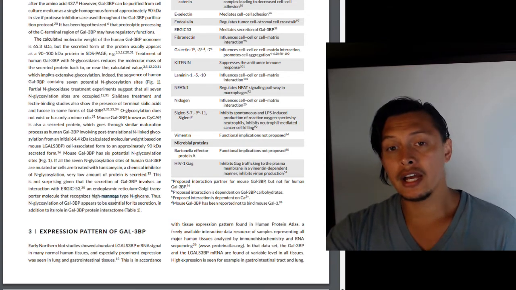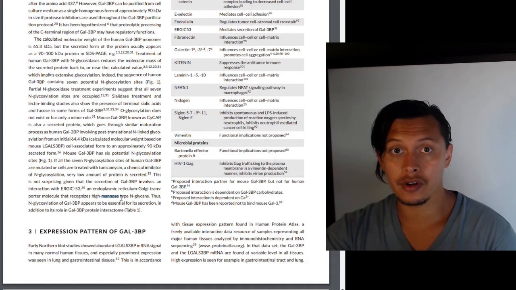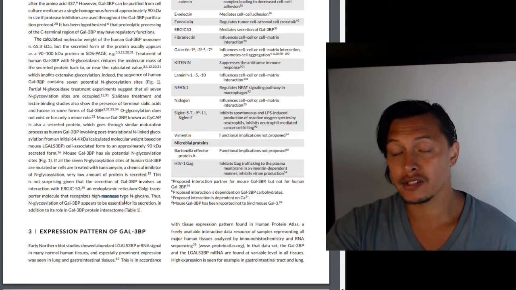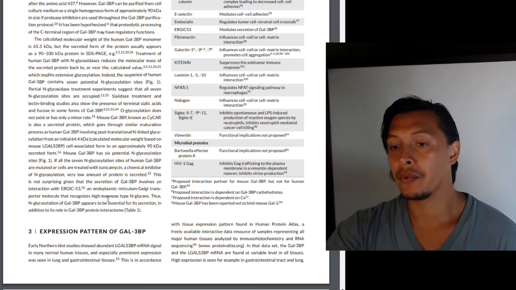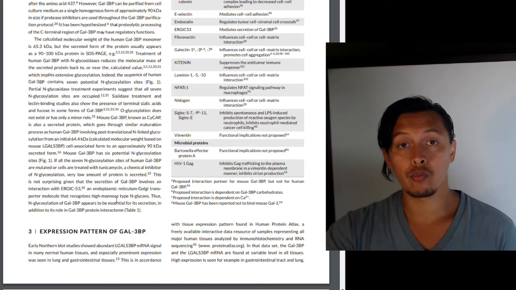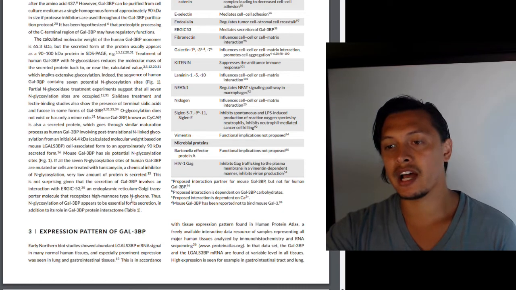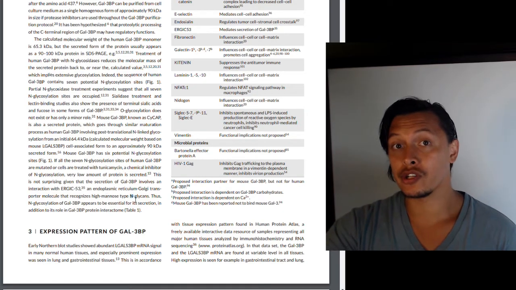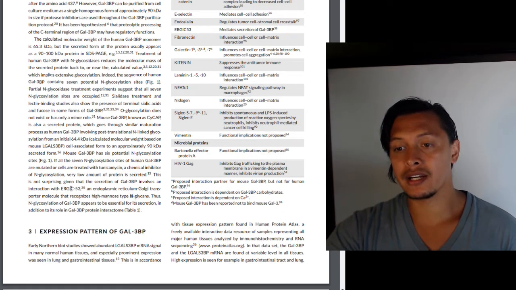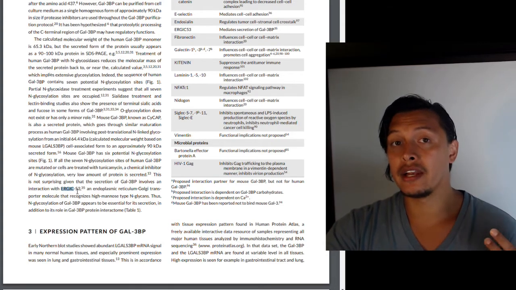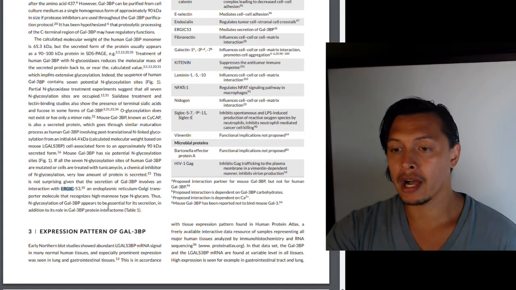So mannose is just another sugar. There are hundreds, if not thousands, of sugars depending on your definitions of them. And if you have a lot of these mannoses on N-glycans, attached to nitrogens on your proteins, that will be recognized by ERGIC53, and then it will transport those proteins somehow.